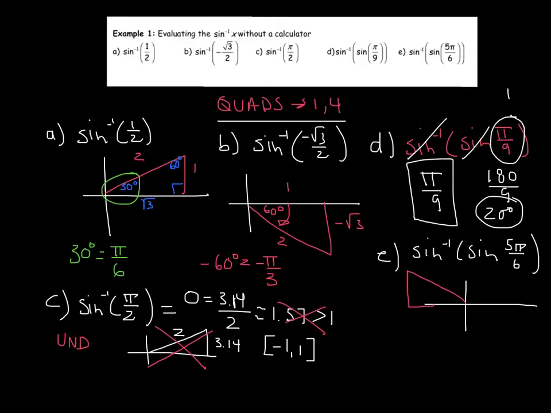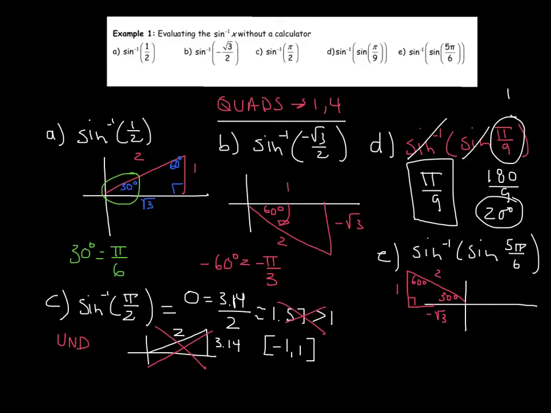So that's my 150, and 150 is rotated 30 degrees above the x-axis, and that's going to be 60. That's 90. Across from 30 is 1. Across from 60 is root 3, but we have to make it negative because we're going left. And then that's going to be 2.